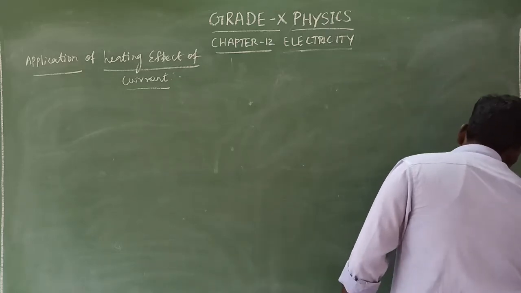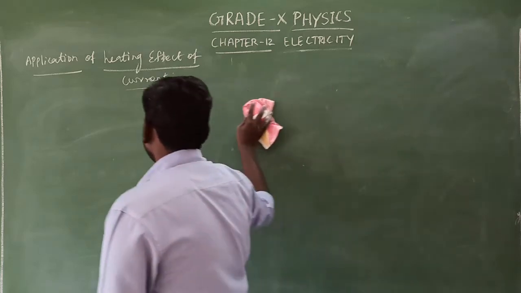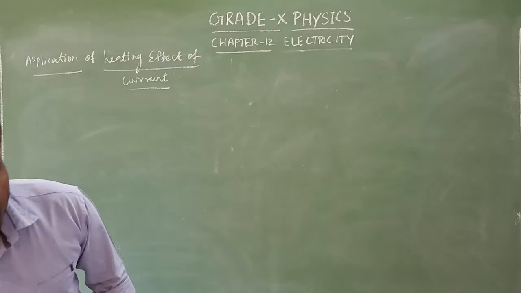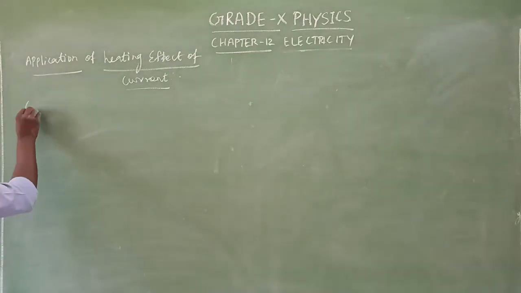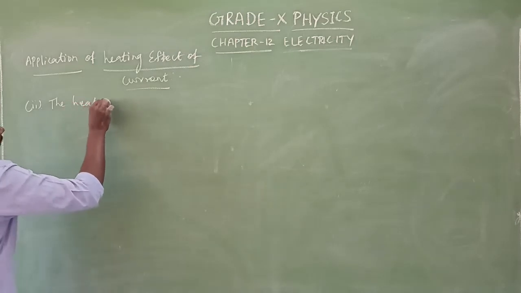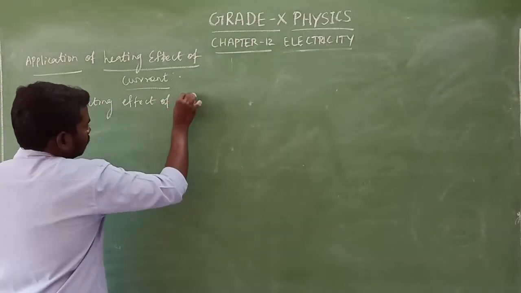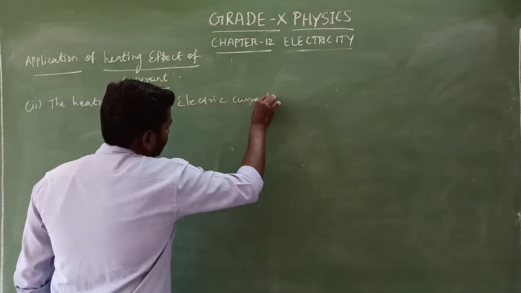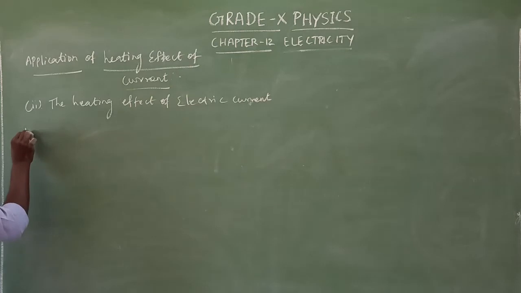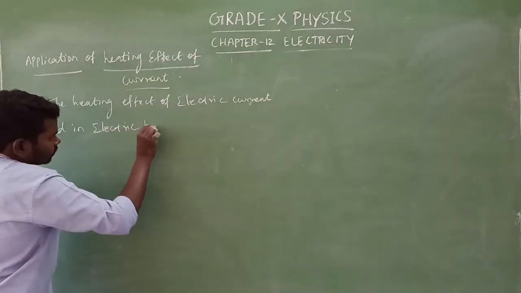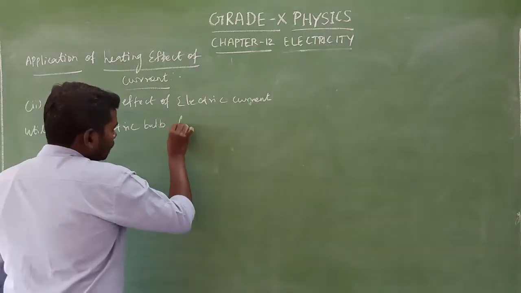Second one, that is the heating effect of electric current that is utilized for producing light by electric bulb. Okay, a second one: the heating effect of electric current utilized in electric bulb for producing light.